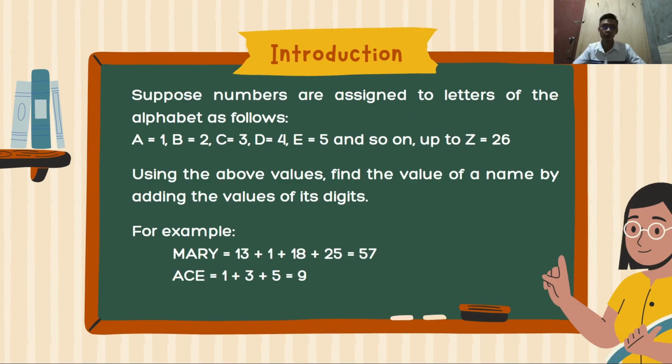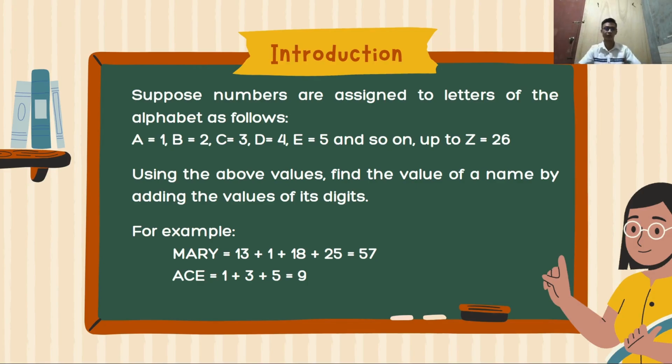Now, let us suppose numbers are assigned to letters of the alphabet as follows. A is equal to 1, B is equal to 2, C is equal to 3, D is equal to 4, E is equal to 5, and so on up to Z is equal to 26. Using the above values, find the value of a name by adding the values of its letters.